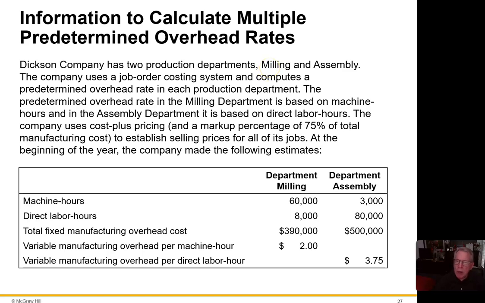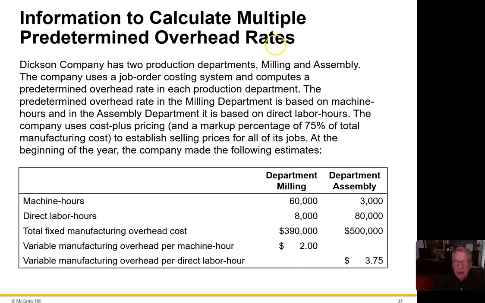The predetermined overhead rate in milling is based on machine hours, quite logically, and the assembly department is based on direct labor hours, again, quite logically. The company uses cost plus pricing and a markup percentage of 75% of total manufacturing cost to establish selling price for all of its jobs. I could take issue with that. However, that's what the problem says here, so we'll go with it.